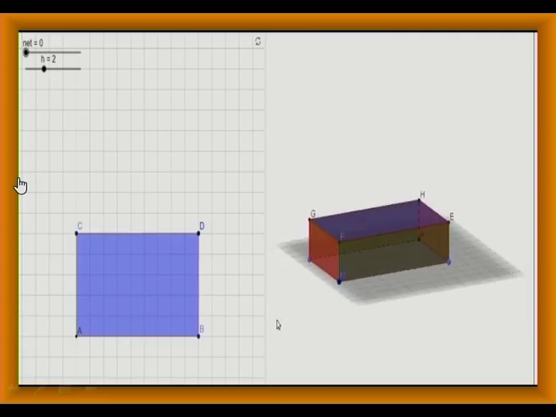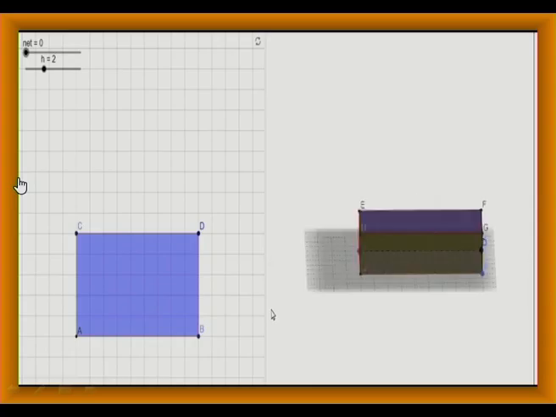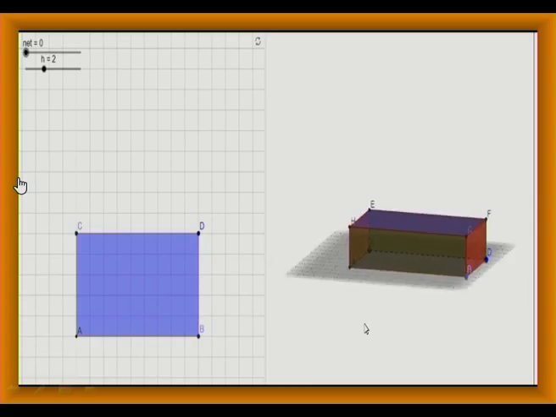Observe it. Now, we can clearly observe that there are 4 lateral surfaces and 2 bases. Altogether we have 6 surfaces.